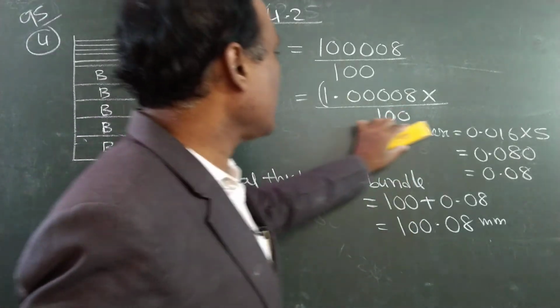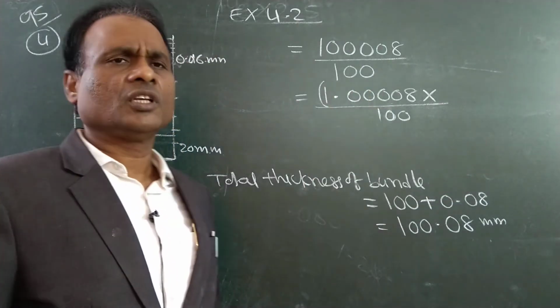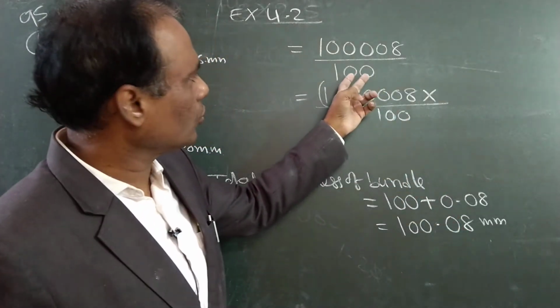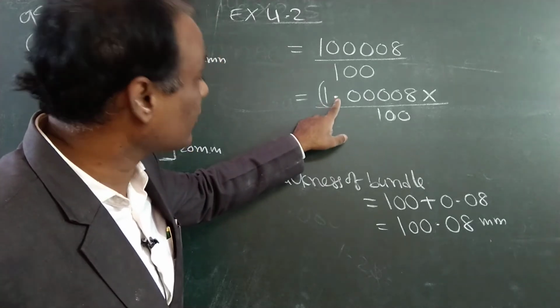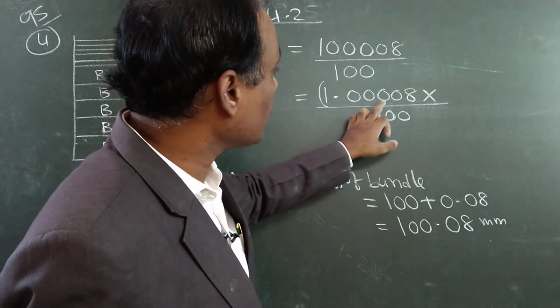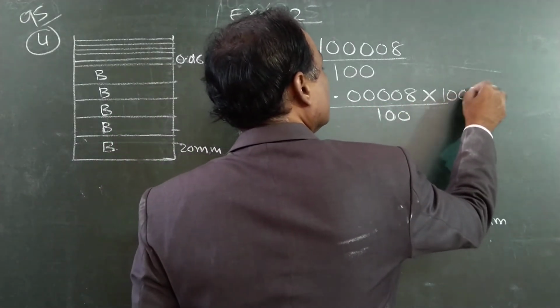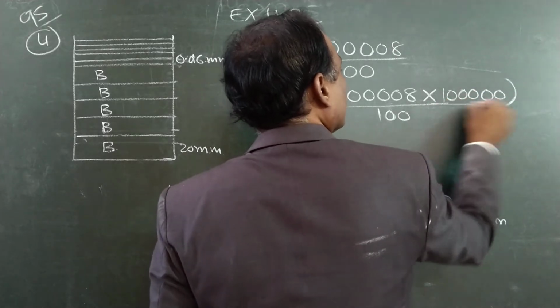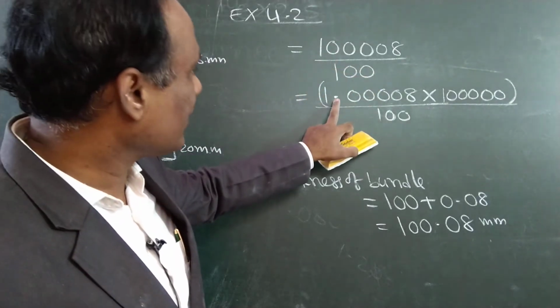See how I am changing into standard form. First let us remove the decimal. After decimal 2 digits means 2 zeros. So I have to keep the decimal here. If I write the decimal here, after the decimal how many digits am I keeping? 1, 2, 3, 4, 5. So 5 zeros. I want the decimal here.